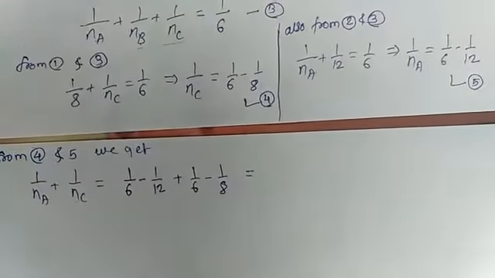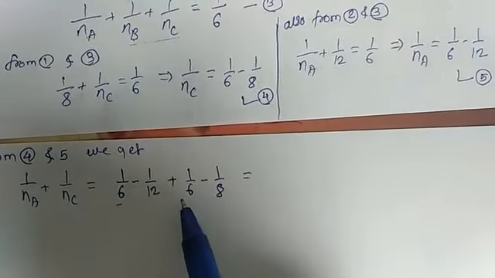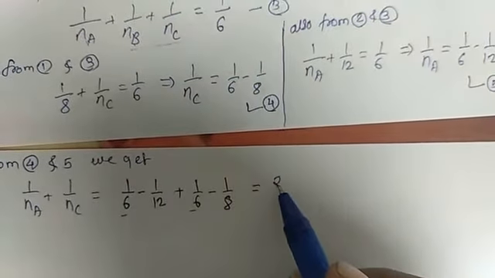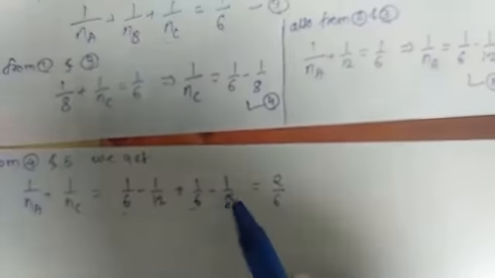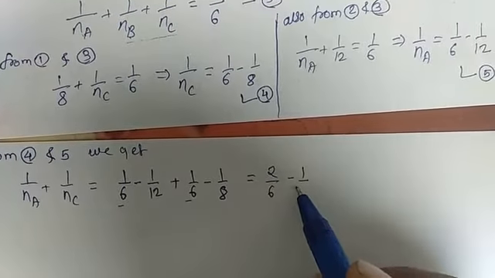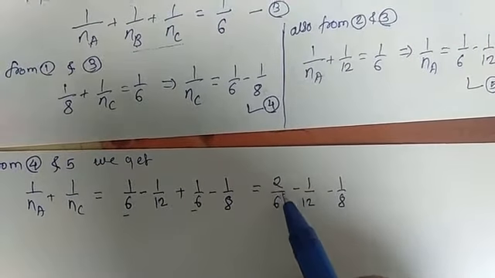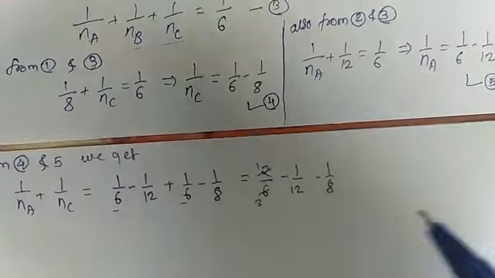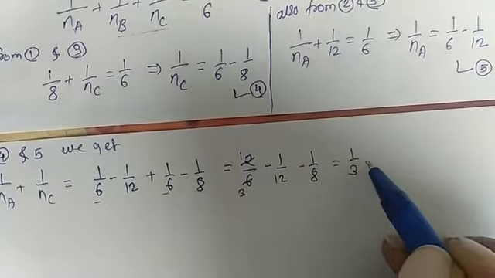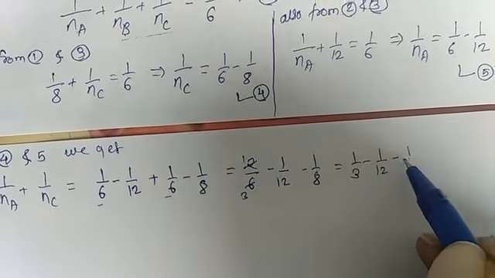Which can be written as 2 upon 6 minus 1 upon 12 minus 1 upon 8. So 2 ones are 3s are, so it is 1 upon 3 minus 1 upon 12 minus 1 upon 8.